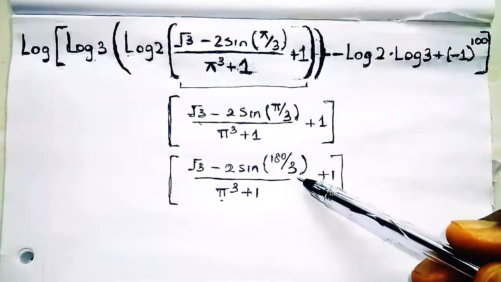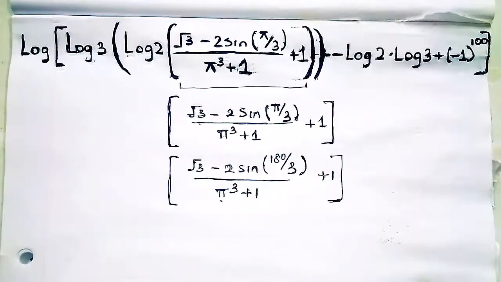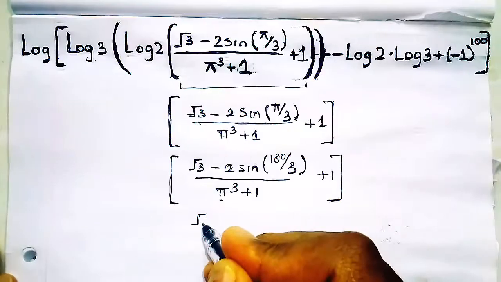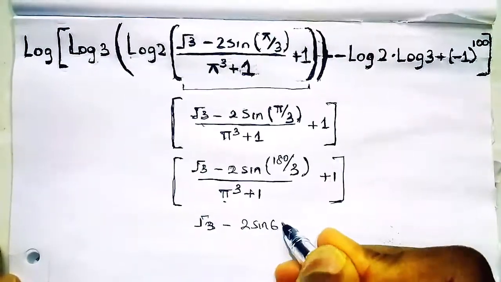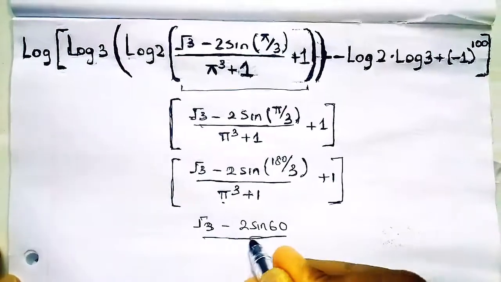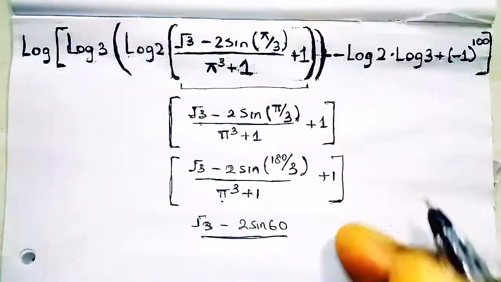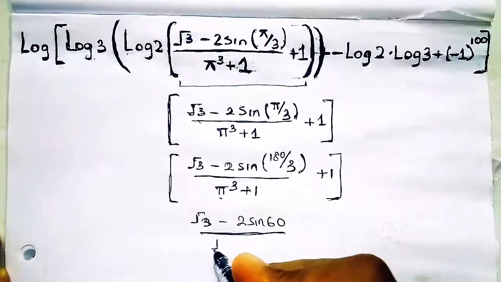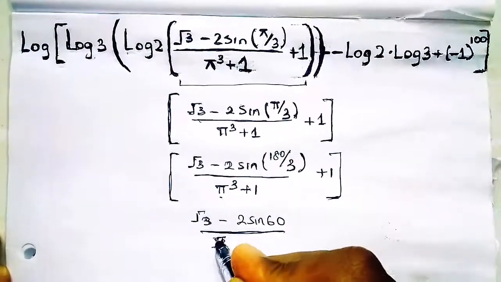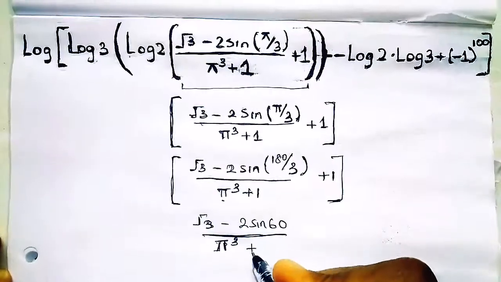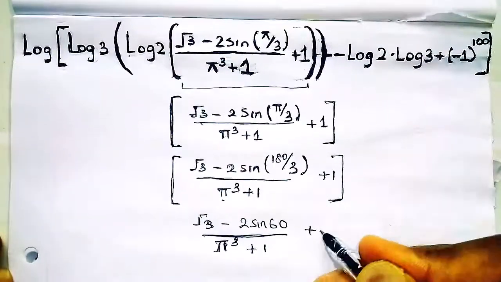So 180 divided by 3, we're having what? 60, right? So we'll be having root 3 minus 2 sine 60. All this right here is going to shock you. You are going to see the answer we're going to get. Then divided by pi to the power 3 plus 1, and plus 1.